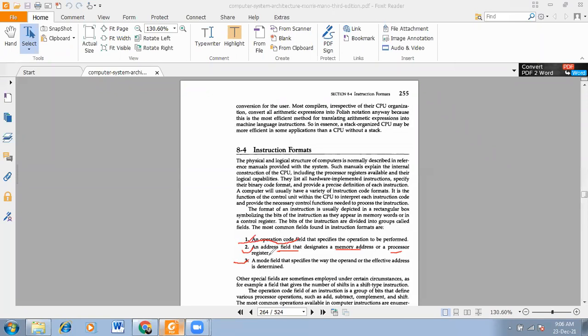Mode specifies the way of operation, that means whether it is direct addressing, indirect addressing, or some other kind of addressing involved here. So that is most important. So these three parts or blocks must be within the instructions. Please everyone remember, first part is opcode, second part is address field, and third one is for mode selection.